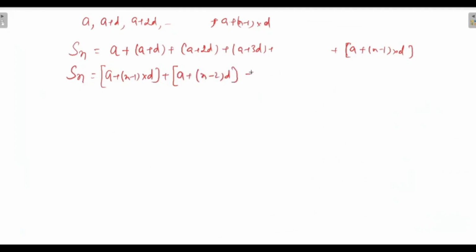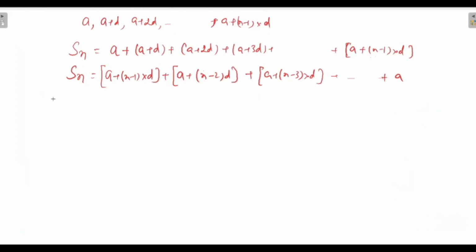The third last term will be a plus n minus 3 into d, and so on, and at the end it will be a, because I've just reversed it. This term I put here, the second term here, the third term here, and so on. So they just reversed it. We'll show you by example also.